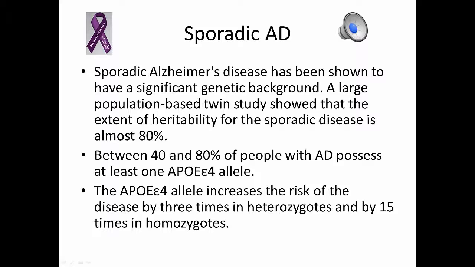One copy increases the risk of disease by 3 times, but if a person is a homozygote for the ApoE4 allele, then they have 15 times the normal population risk of getting Alzheimer's disease.